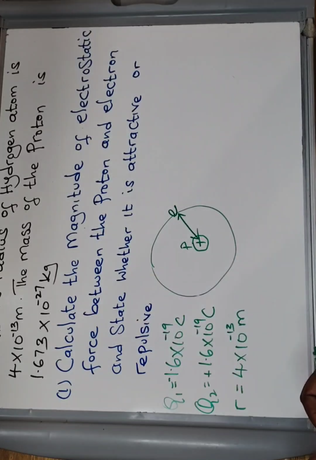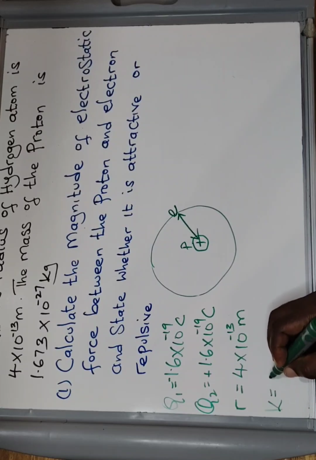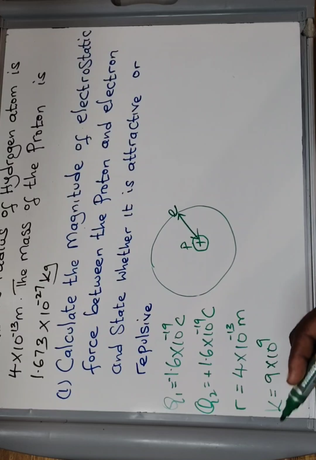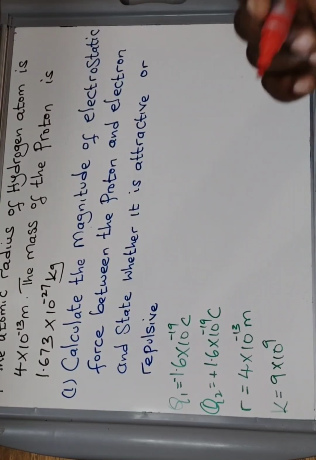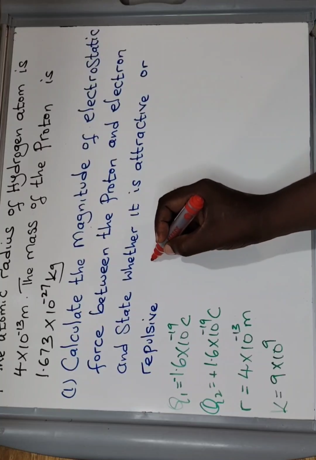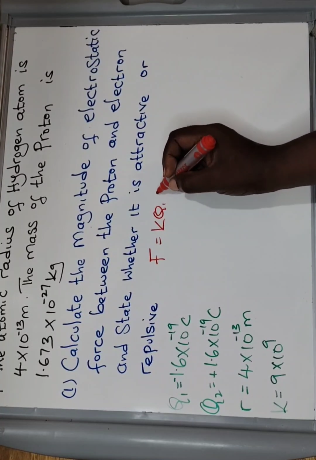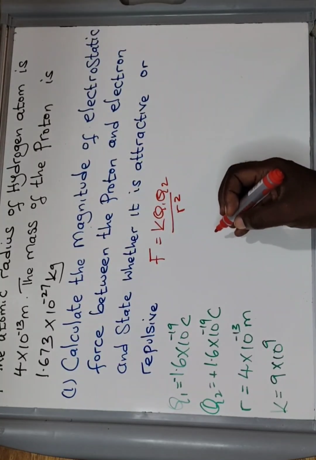So this information is enough for us to calculate the force. All we need to know is that K is 9 times 10 power 9. So with this information, what do we do? We use the equation F is equal to K Q1 Q2 over R squared.